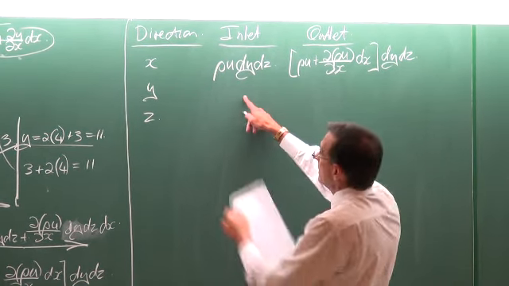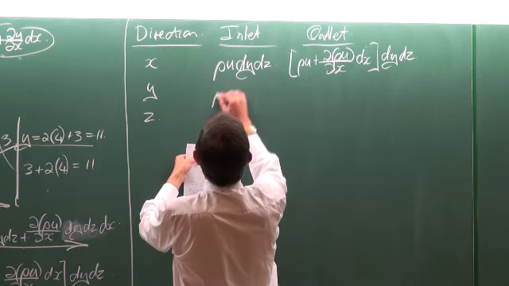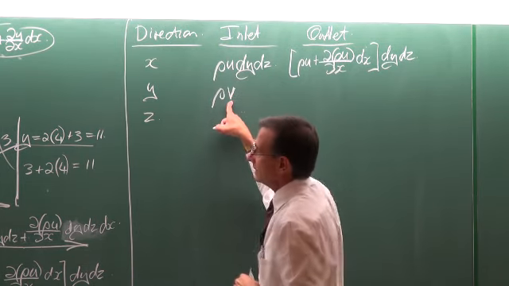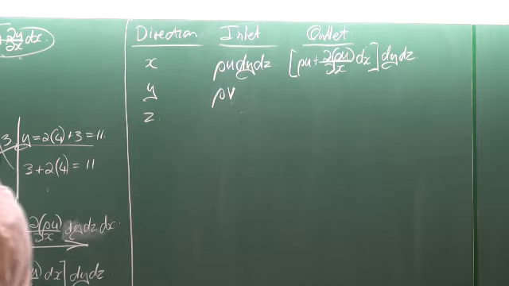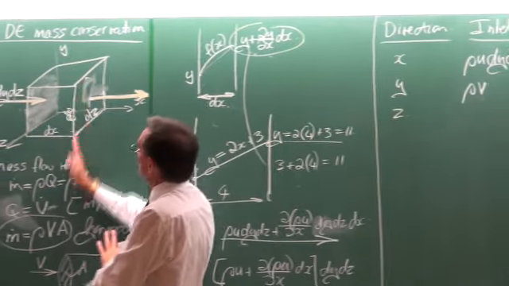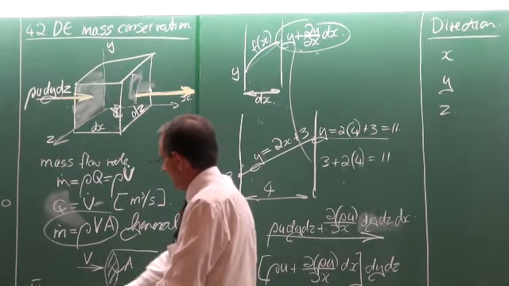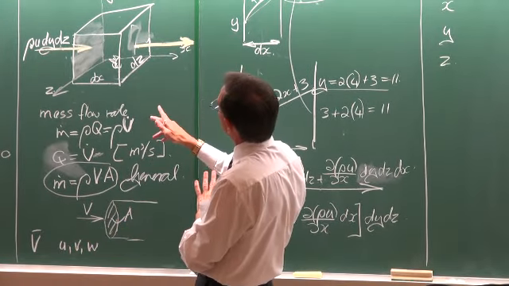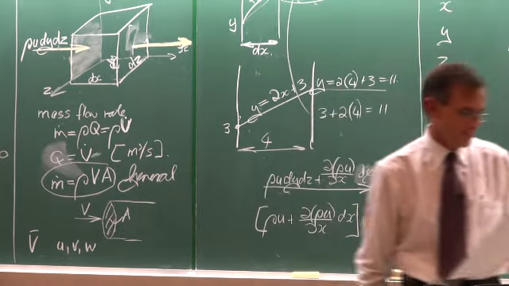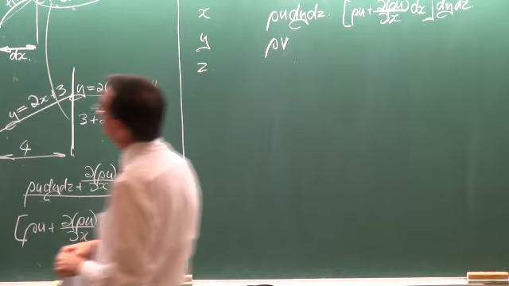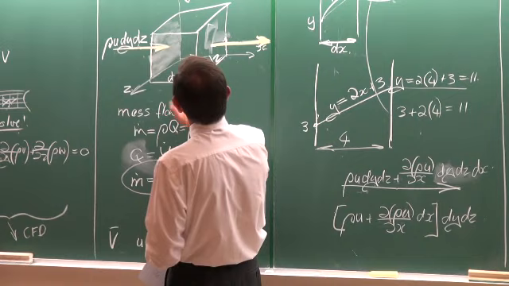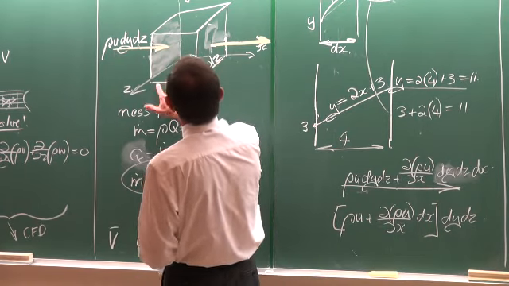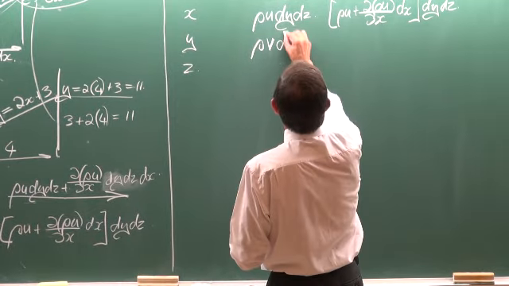Then in the y direction it would be equal to rho multiplied by v. The velocity in the y direction, not u but v. And now the surface area in the y direction would be that surface there, dx multiplied by dz.